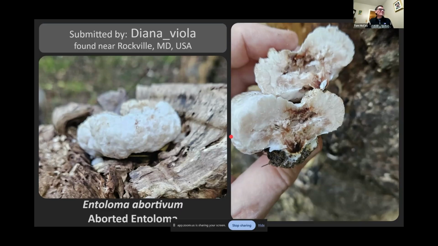Anyway, although the common name is aborted entoloma, it is not the entoloma that is aborted. It's actually the honey mushroom that got aborted by the infection of entoloma. Entoloma mycelium encapsulates the early fruiting body of a honey mushroom, and that effectively distorts the natural morphology of that honey mushroom.